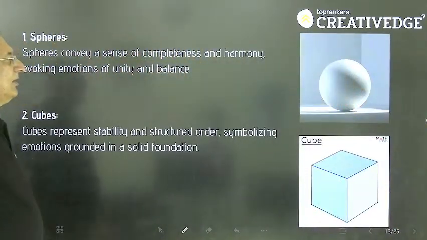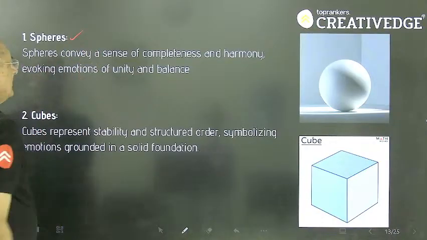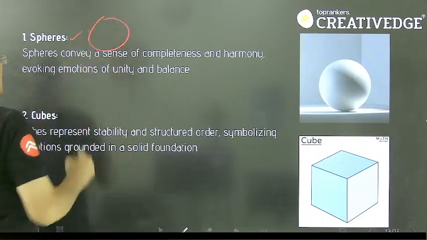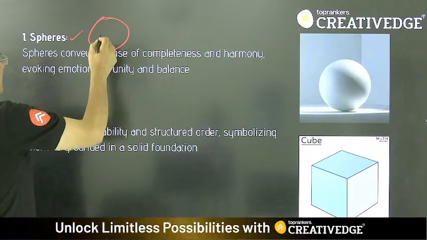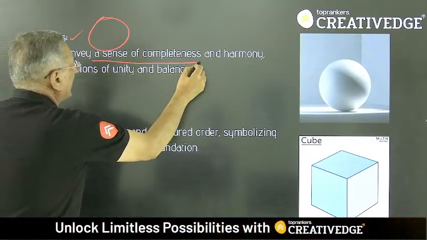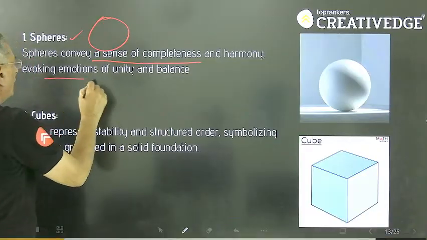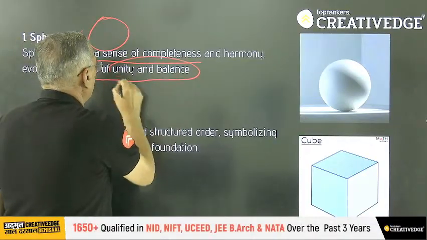What are the different forms that are universally accepted? Spheres, derived from the circle. A sphere conveys a sense of completeness and harmony, evoking emotions of unity and balance.